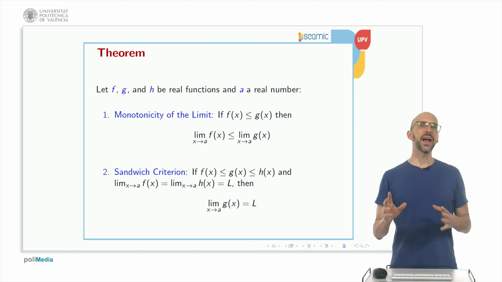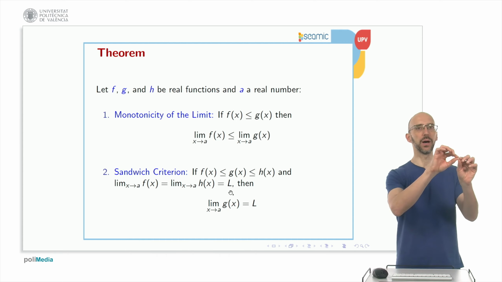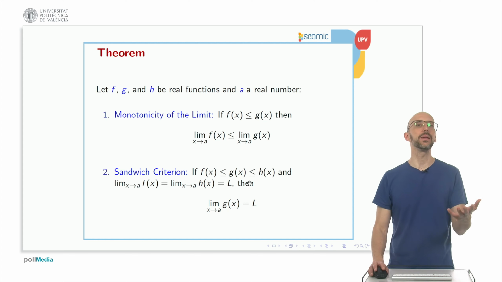Okay? What happens if the limit of the initial function f is L, and the limit of h is also L? Then what we can say in these cases is that g is also going to L.